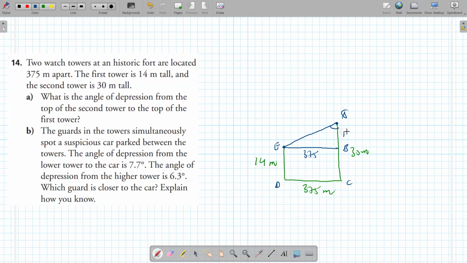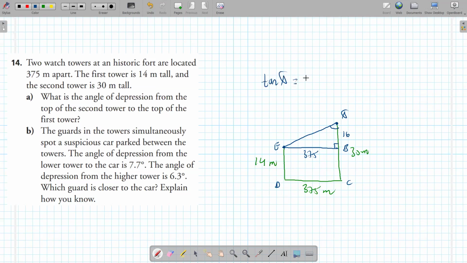Right, so it's going to be 16. So we're trying to find angle A. There's a right angle right here. Sine, cosine, or tan? Only one of them will work. Tan. So it's going to be tan of A.